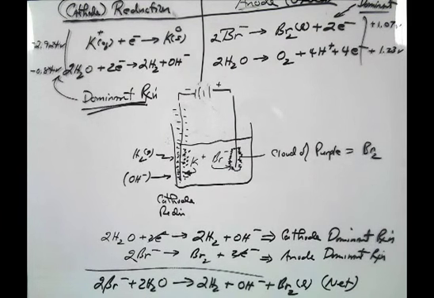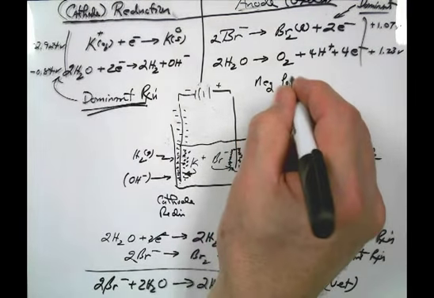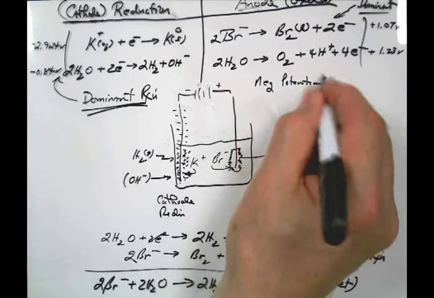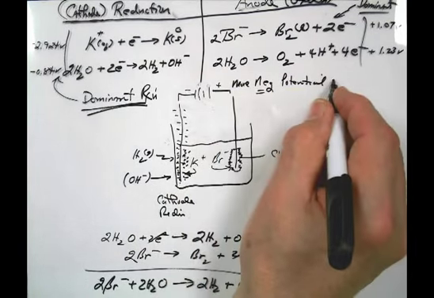This you have to memorize. The more negative reduction potential at the anode is the dominant reaction. Or you might say the more negative potential is dominant.